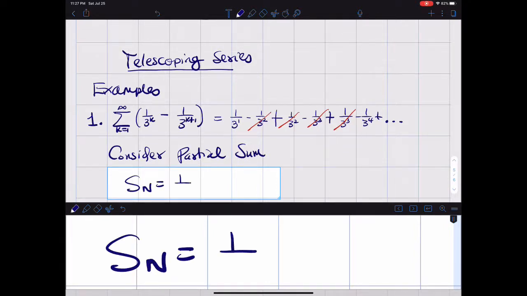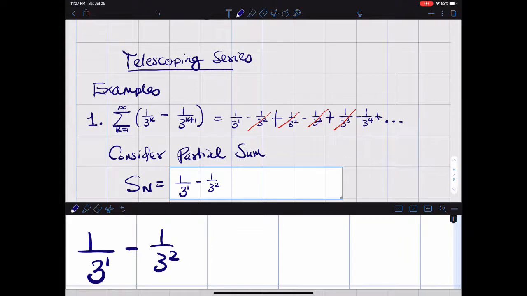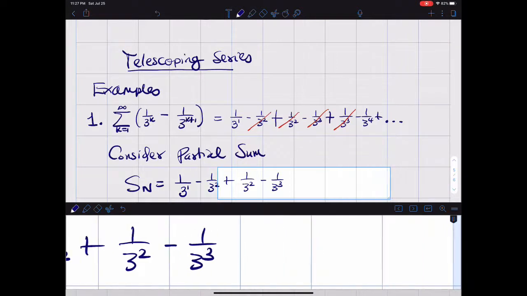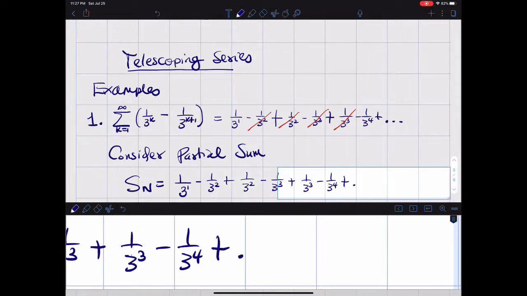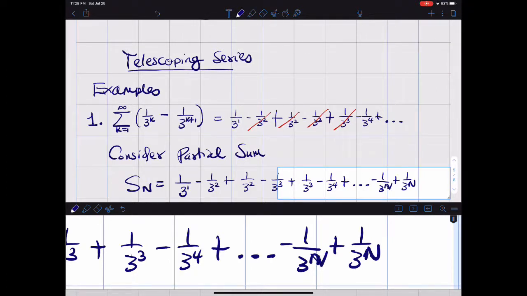will be 1 over 3 to the power of 1 minus 1 over 3 to the power of 2 plus 1 over 3 to the power of 2 minus 1 over 3 to the power of 3 plus 1 over 3 to the power of 3 minus 1 over 3 to the power of 4, and then you just keep going to the point you get to maybe minus 1 over 3 to the power of n plus 1 over 3 to the power of n, and then minus 1 over 3 to the power of n plus 1.